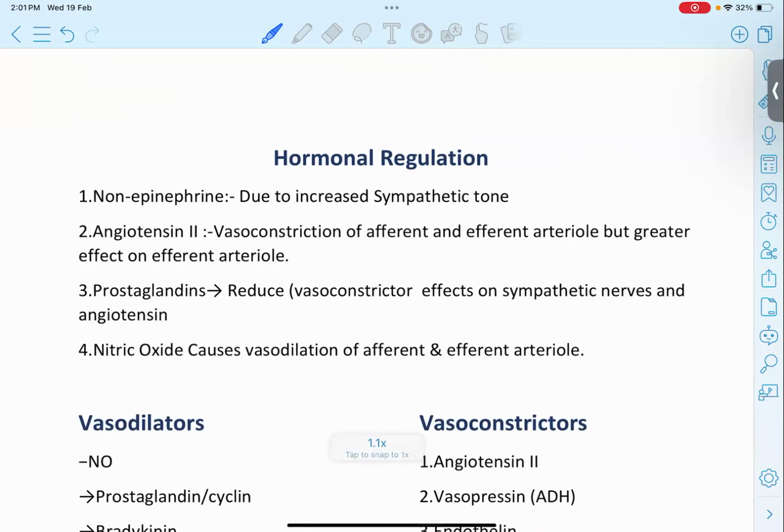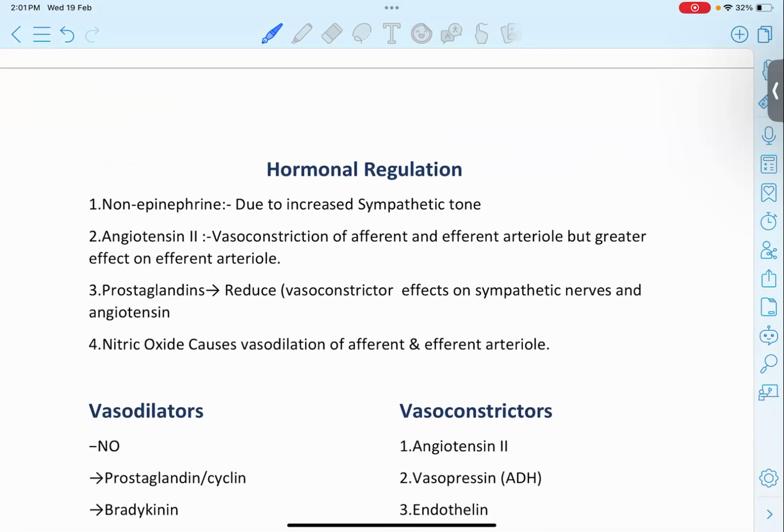In hormonal regulation, there are quite a few substances, either hormones or neurotransmitters, that have different functions. These would include norepinephrine, angiotensin 2, prostaglandin, nitric oxide. They are secreted in different situations according to the need.